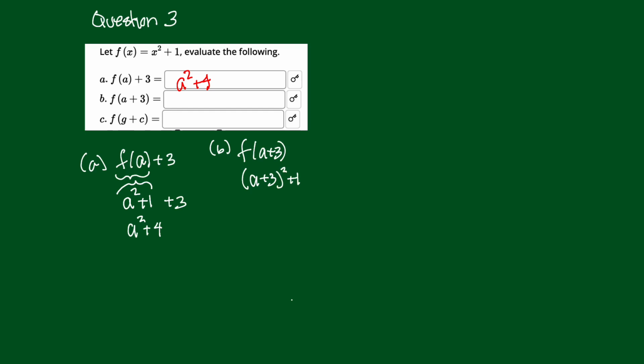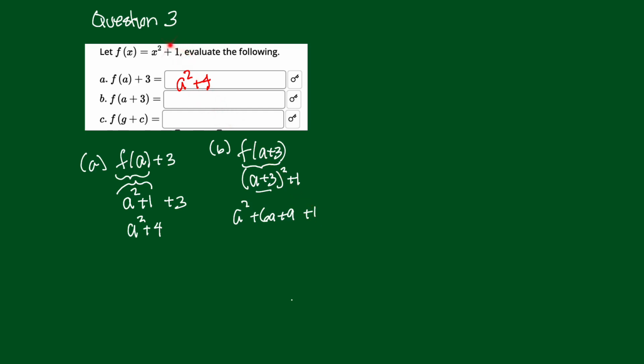This is the f of a plus 3. And then I'm going to add 1. So let's do this part right here. You'll get a squared, square the first, multiply the two together, 3a, double it, 6a, square the last, plus 9. Then you still have that plus 1.